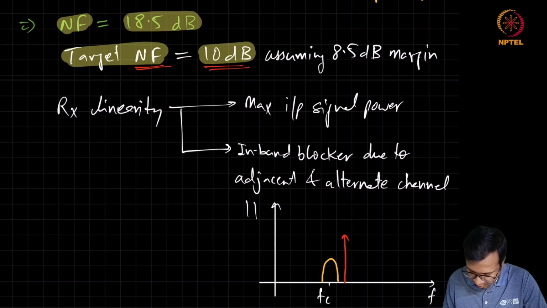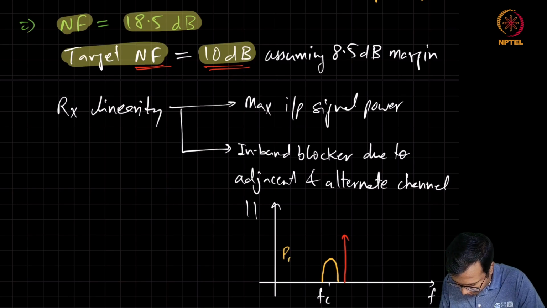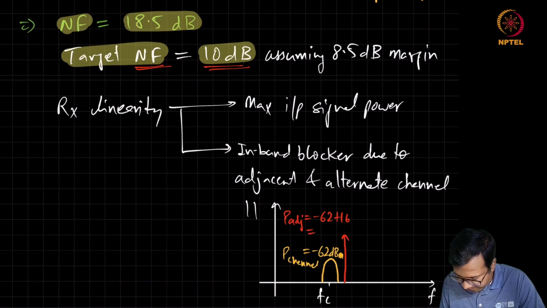So this P channel is equal to minus 62 dBm, whereas this P adjacent channel is equal to minus 62 plus 16, which is equal to minus 46 dBm.